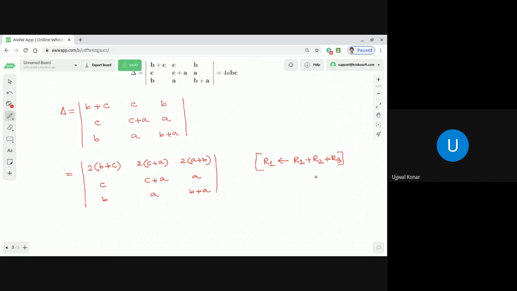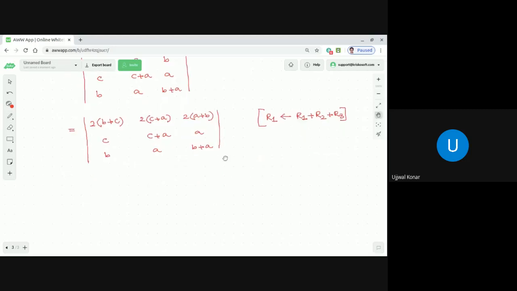Correct? So after that, what we are going to do? Just a minute. We can take 2 common, because as we learned, if one element is multiplied with any row or any column, we can take that element common. Here what we see is that the element 2 is multiplied with each and every element in the first row.